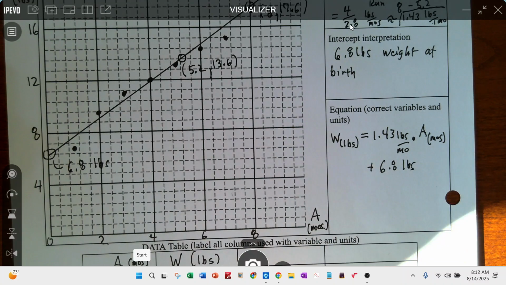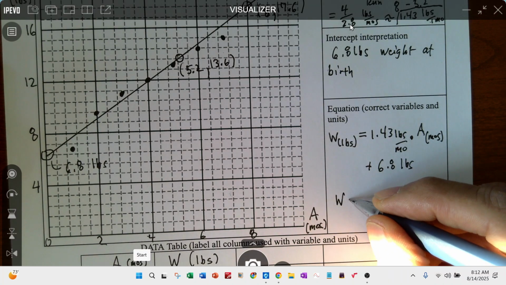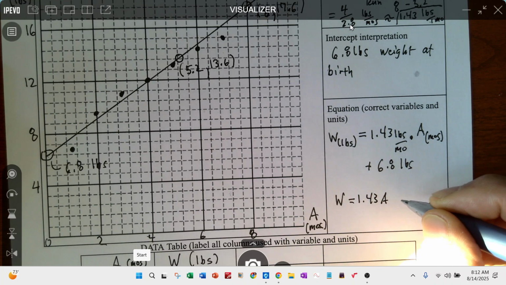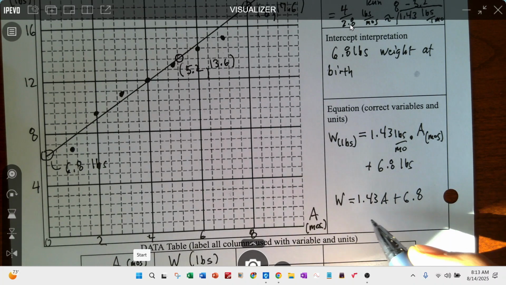I didn't leave myself enough room in this little box here, so it'll be in a shorter form. It'd be W equals 1.43A plus 6.8. The units are preferred, but that's just to simplify it.